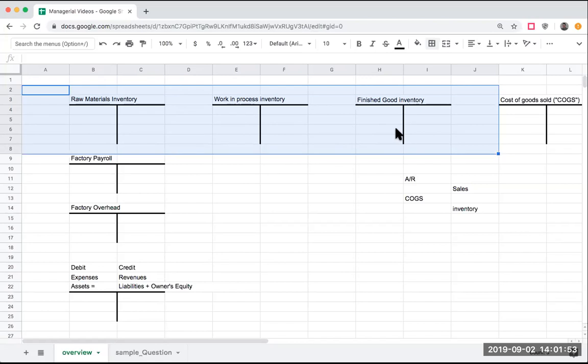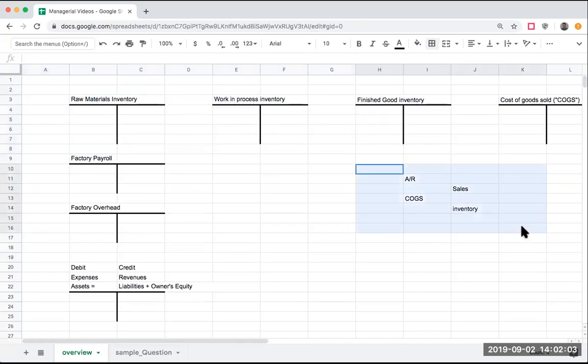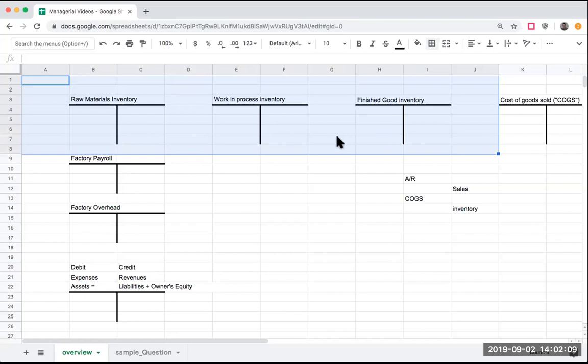It's important to remind ourselves that a manufacturer is not a retailer. This over here is for a retailer. Now in managerial accounting or cost accounting, we're focused more on the manufacturing side, so our inventory is going to look a little bit different.